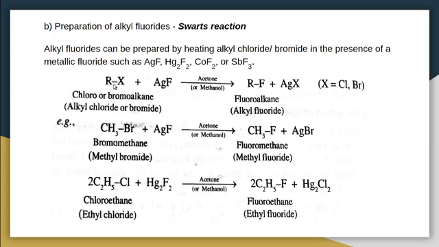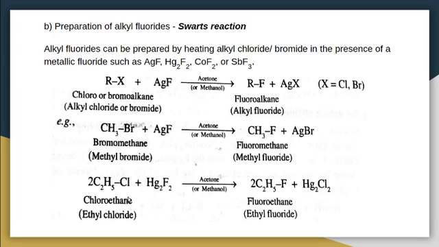RX, an alkyl bromide or chloride, on treating with a metallic fluoride like AgF in the presence of a solvent such as acetone or methanol, gives the corresponding alkyl fluoride plus silver halide. For example, bromomethane on treating with AgF gives fluoromethane plus AgBr.